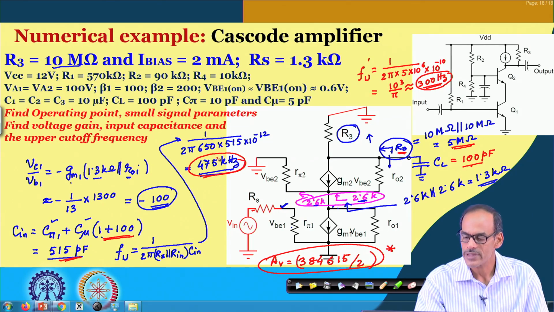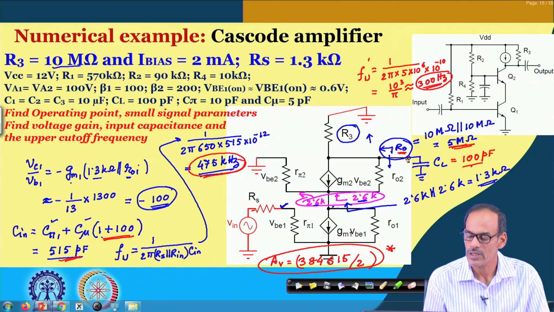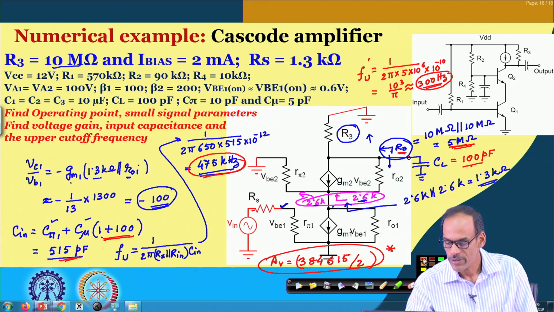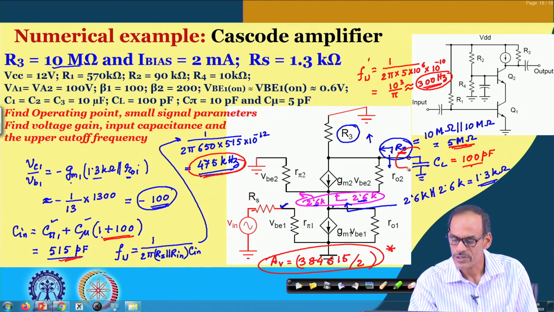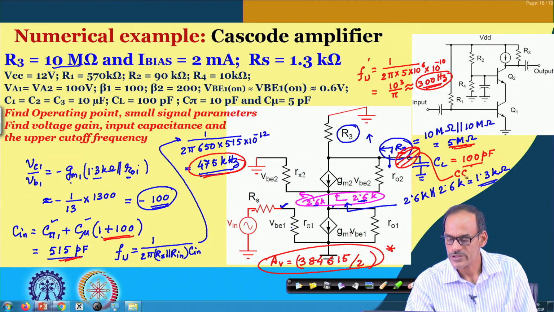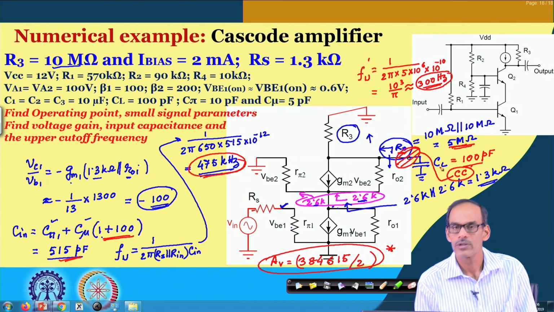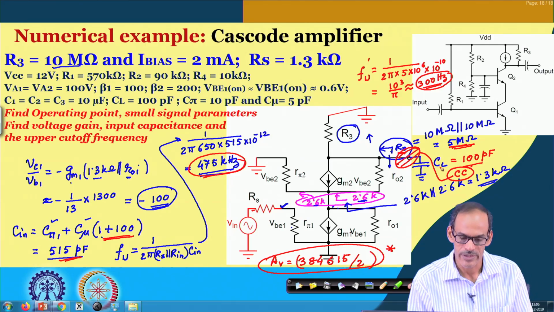Rather, the problem is elsewhere, and this output resistance is quite high. That can be handled differently, namely by placing one buffer circuit here, which we have discussed earlier. We can put a buffer circuit here, constructed by maybe a common collector stage to address that.